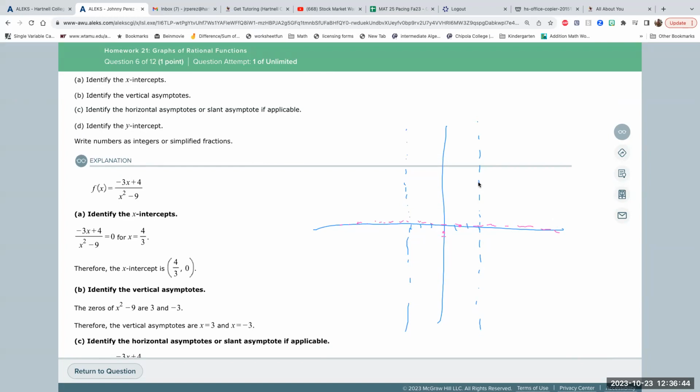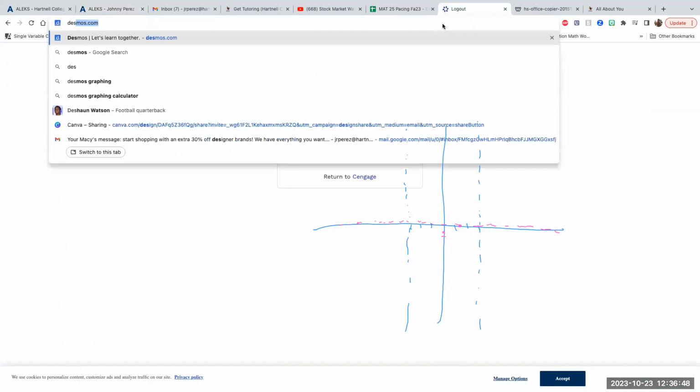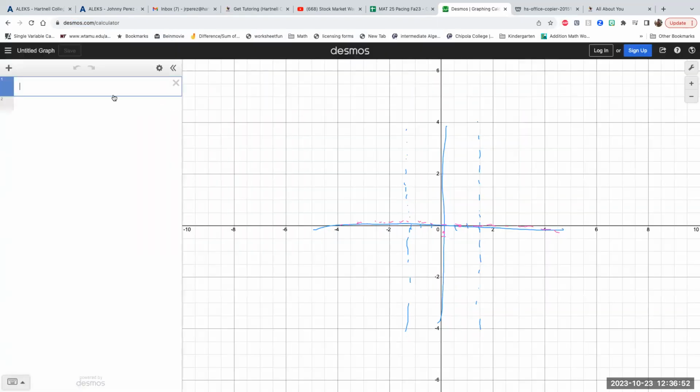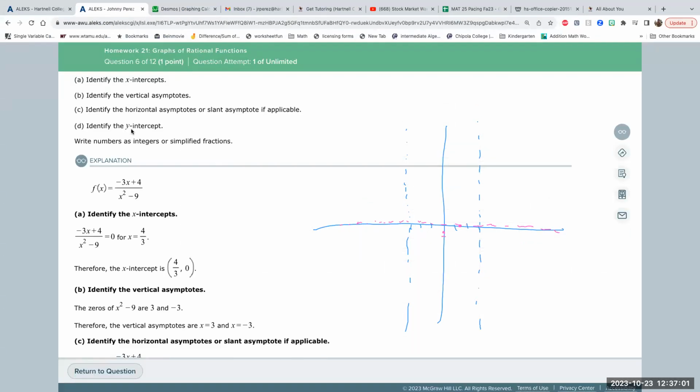All right, and so let me go here to decimals, the graphing calculator, and let's plug in the function that we just looked at. Let's move it closer.